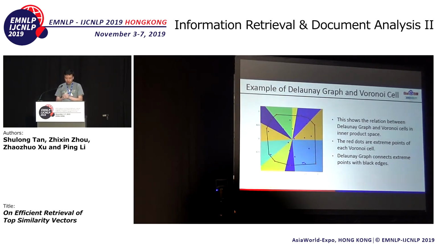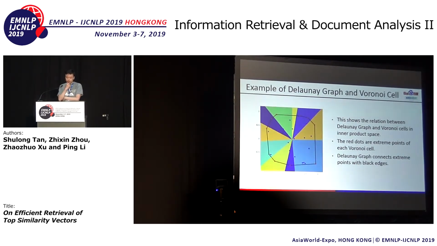Now let's see what the Voronoi cells and Delaunay graph look like. The regions on this plot are the Voronoi cells, and the red dots are the data points associated with the Voronoi cells, and the blue points are those data points without non-empty Voronoi cells.